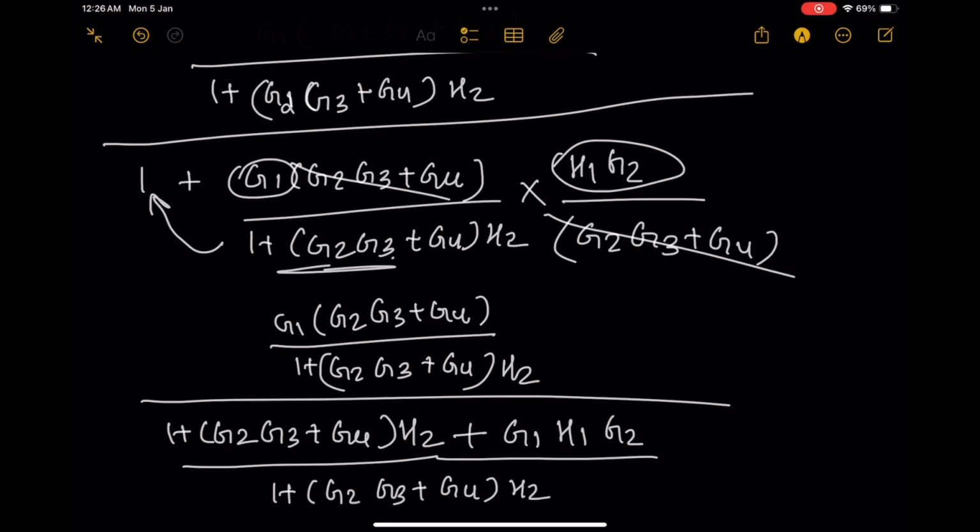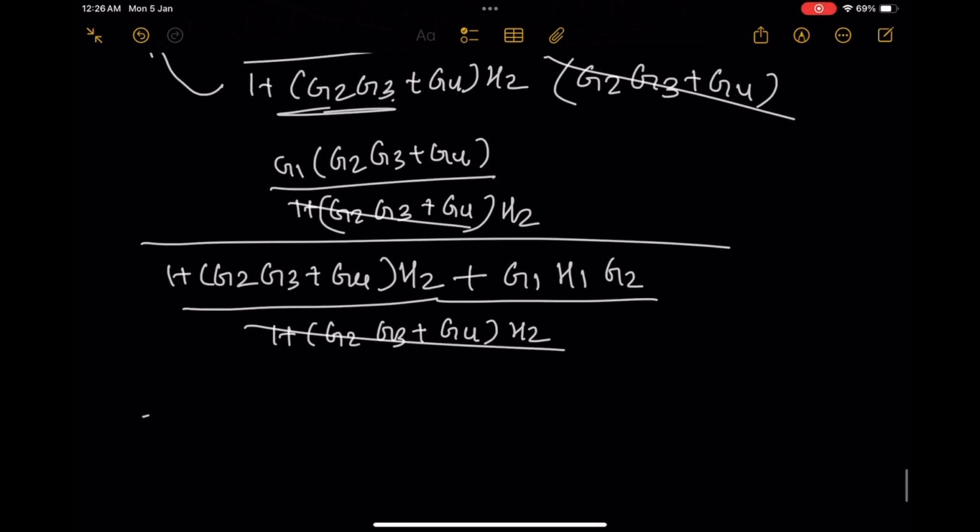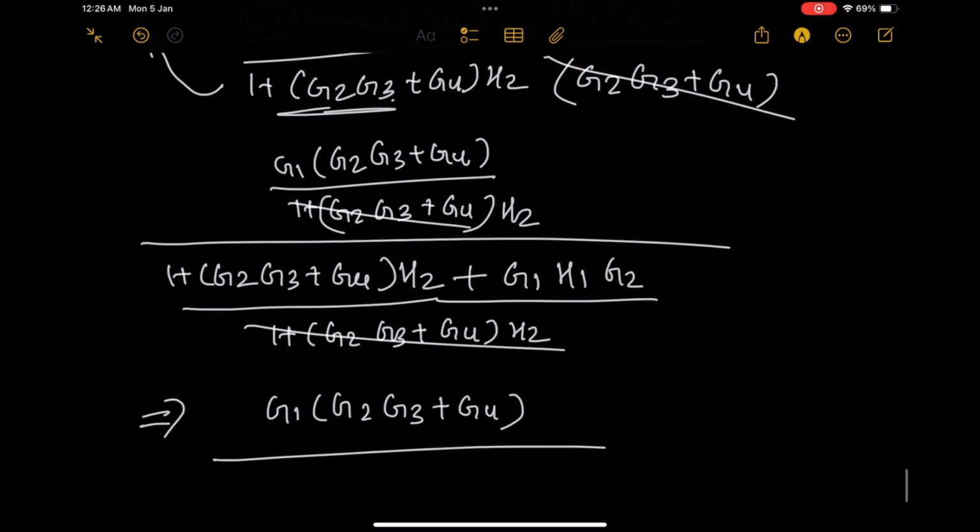I'll cancel these two. So it will finally be G1 into (G2 G3 plus G4) divided by 1 plus (G2 G3 plus G4) into H2 plus G1 H1 G2.